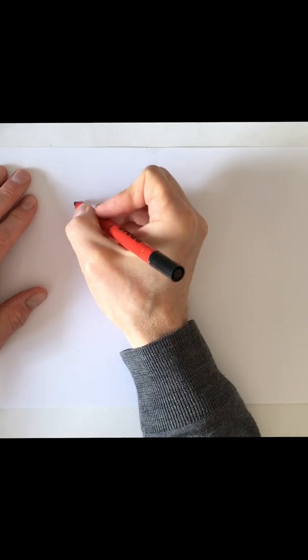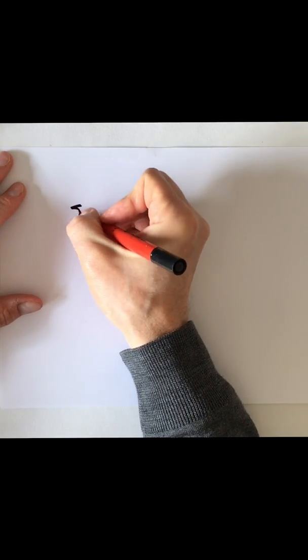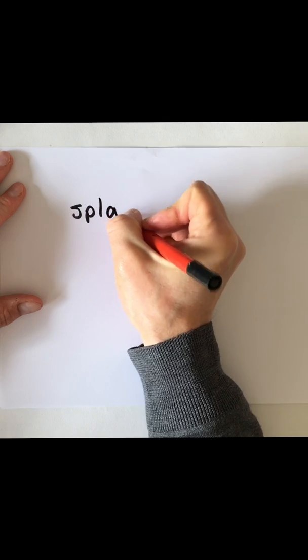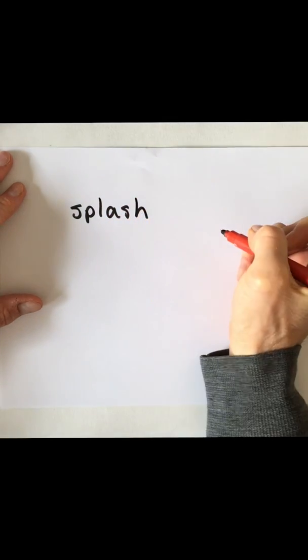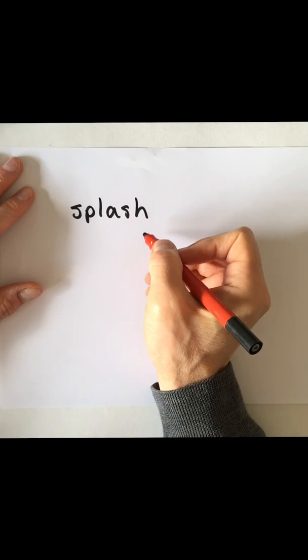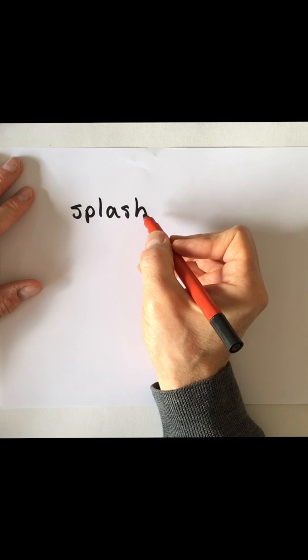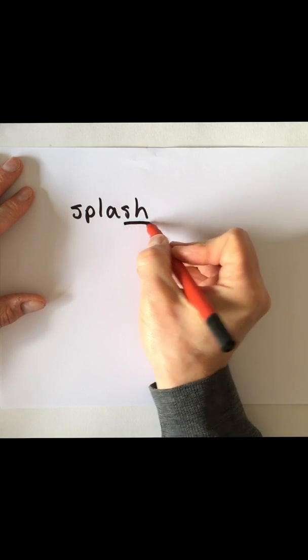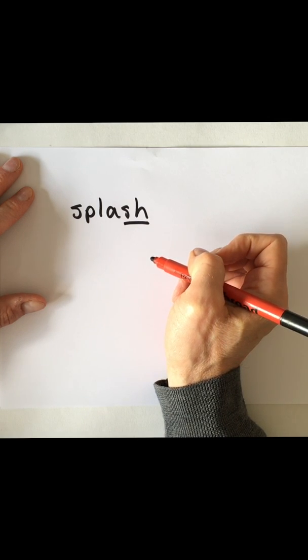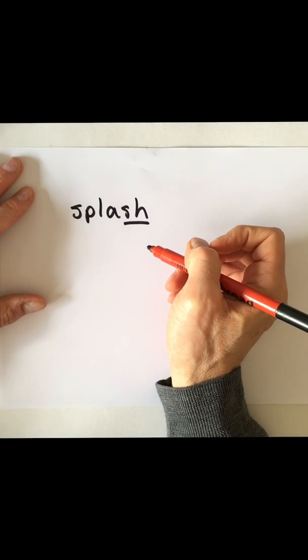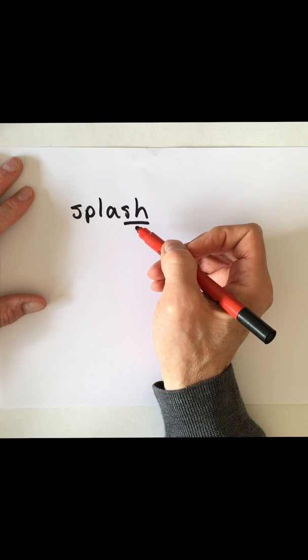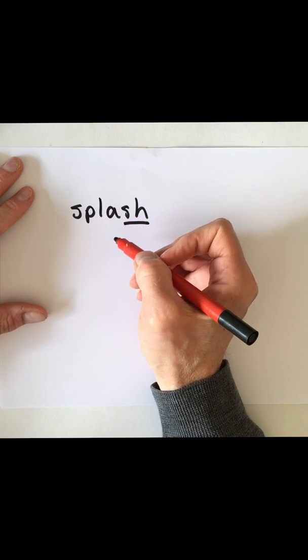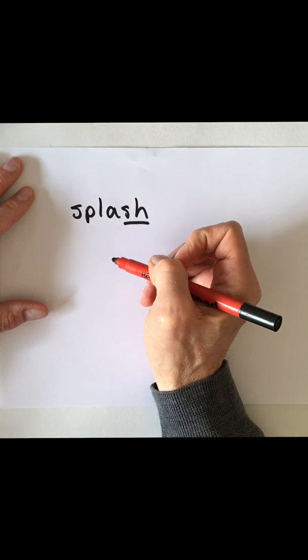When children are breaking down words, if we look at a word, for example, like splash, first thing we'll look for are digraphs, so two letter combinations make a single sound. So we've got sh there, so we can put a bar under that to indicate the digraph. Could use the same bar for a trigraph as well. But then we also look for single letter or grapheme sound pictures for a single sound.